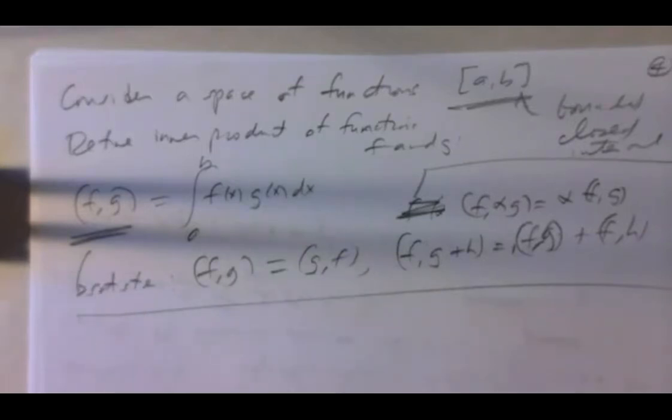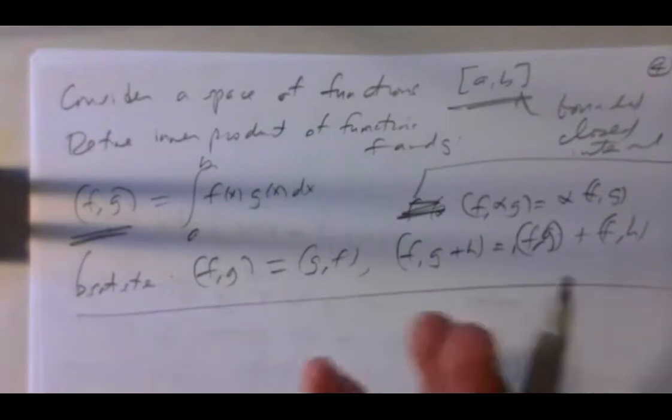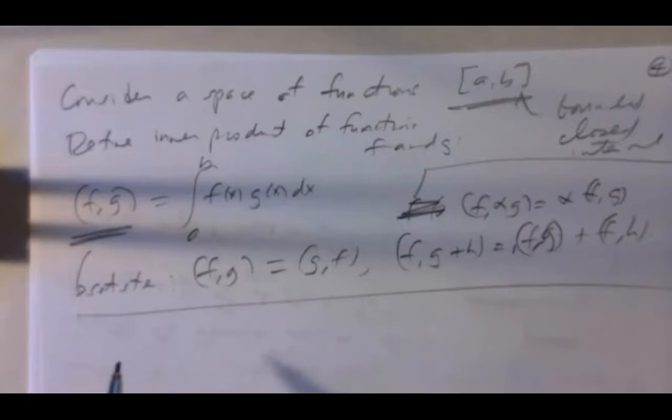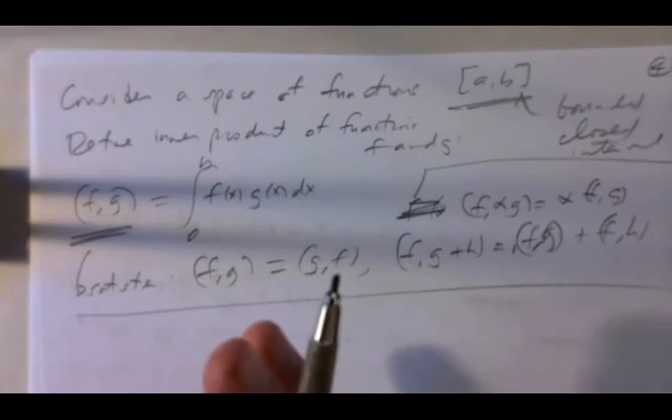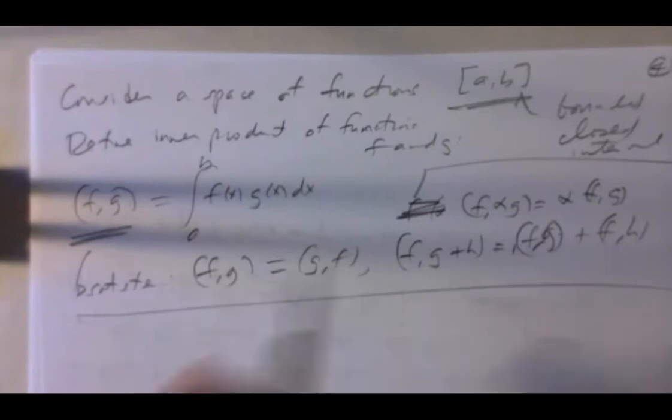And so you can think of this as something analogous to vectors. When you took Calc 3, you looked at two-dimensional and three-dimensional space. You had an inner product of points, what we called vectors, in the two-dimensional space and the three-dimensional space. So these are just like vectors.